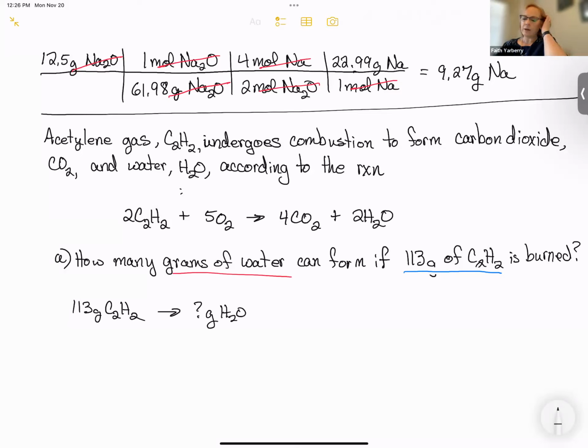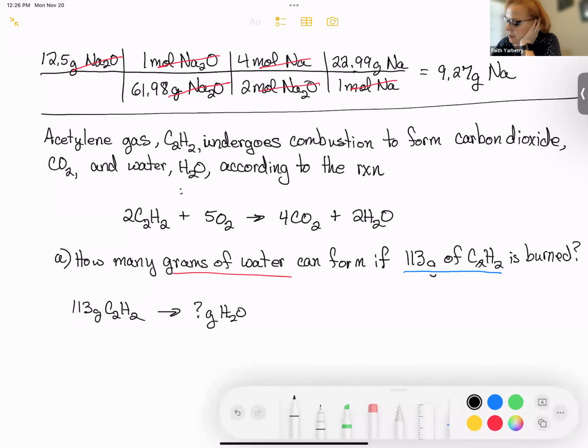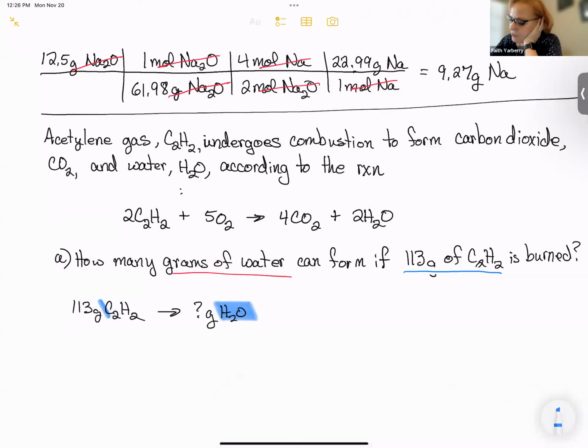Okay, now we get to ask ourselves our questions. The first thing that I notice is that I am dealing with 2 different substances.